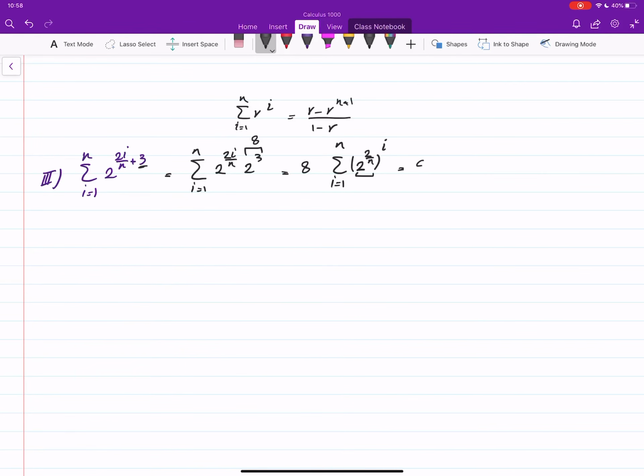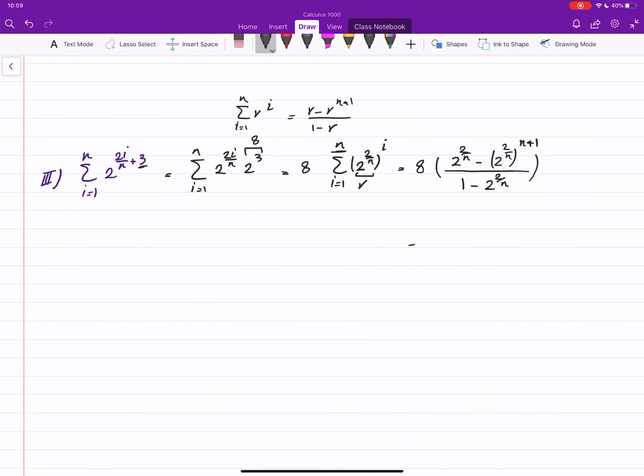And this will give us 8 times r, which is 2 to the power 2 over n, minus 2 to the power 2 over n to the power n plus 1, the last index plus 1, over 1 minus 2 to the power 2 over n, 1 minus r. We can simplify this again a little bit.